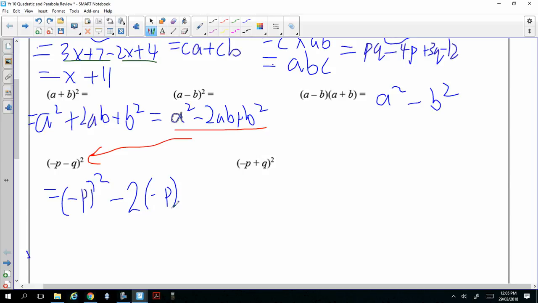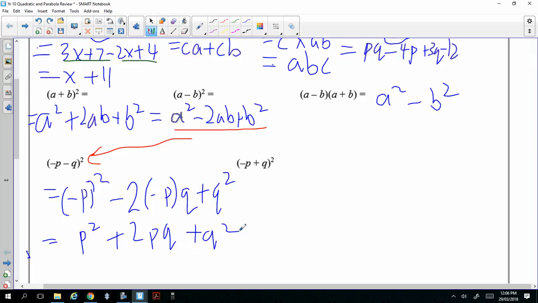Notice I don't put a minus in front of Q because I've already put a minus there. So no minus in front of Q because I'm using this formula. You square the A, minus 2AB plus B squared, without the negative. So that's the same thing without the negative. And then plus Q squared. So your final answer will be P squared plus 2PQ plus Q squared. Okay?